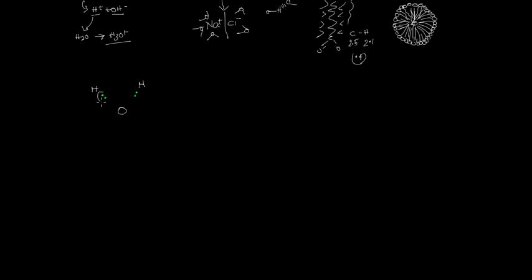This is the covalent bond formed between the oxygen and the hydrogen, between the sp3 orbitals of the oxygen and the 1s orbitals of the hydrogen.